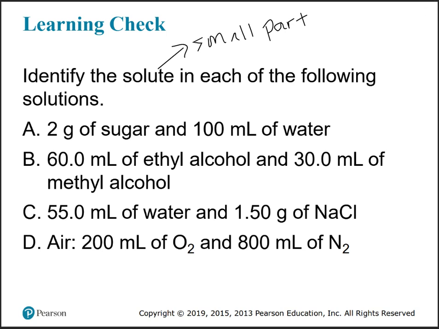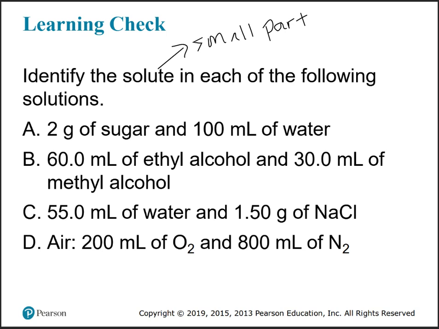You can write it in the chat. The solute is the small part that you're adding to the solvent. So it's the sugar. You're adding the small part to the large part. 2 grams of sugar is pretty small. 100 milliliters of water, much bigger.